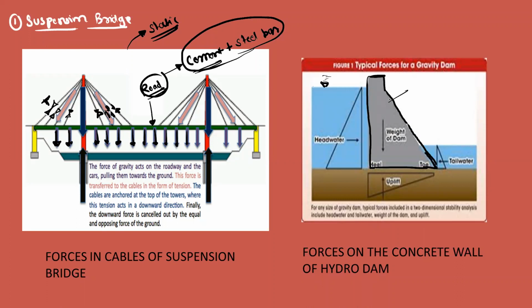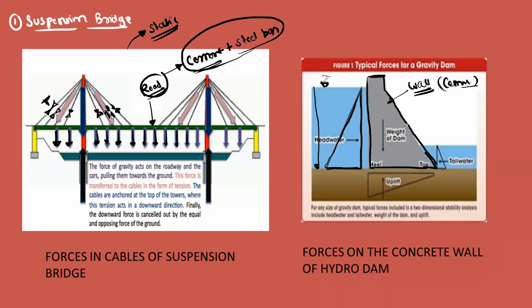So this structure, that is a wall, is made up of cement concrete. And here you can observe one triangle. So basically this triangle represents the pressure distribution from the free surface of the water up to the bottom surface. Okay.